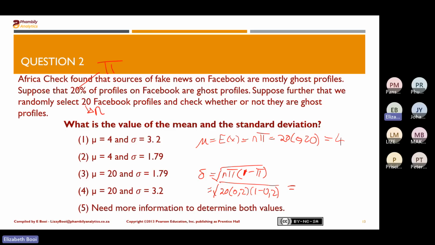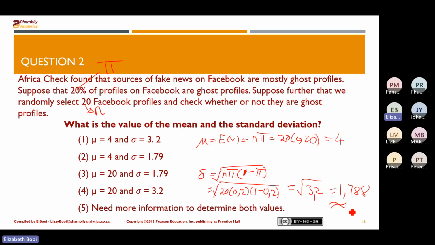So if I take 20 times 0.2 times 0.8, I get 3.2, and I take the square root of 3.2, and the answer is 1.788888.